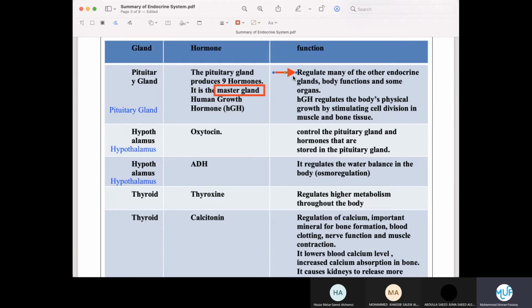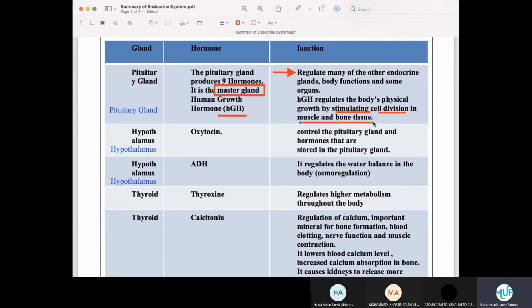We will move further, and we see a very important secretion of it: human growth hormone. Human growth hormone is secreted by the pituitary, and it is important to stimulate cell division in muscles and bone tissues. It makes the muscles divide, it makes the bones divide. That's why our height increases.